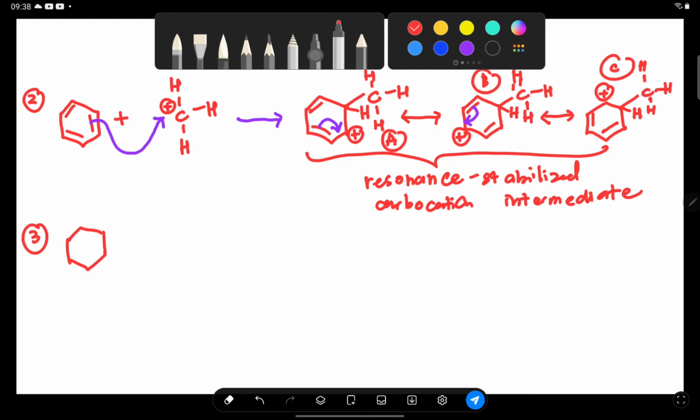Yang ni adalah resonance A, kan? Resonance A.